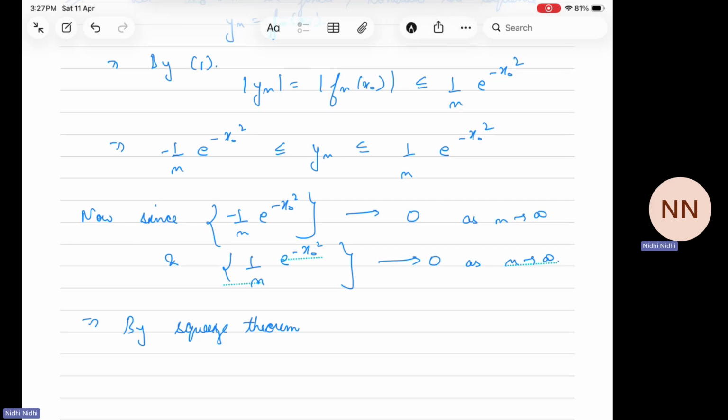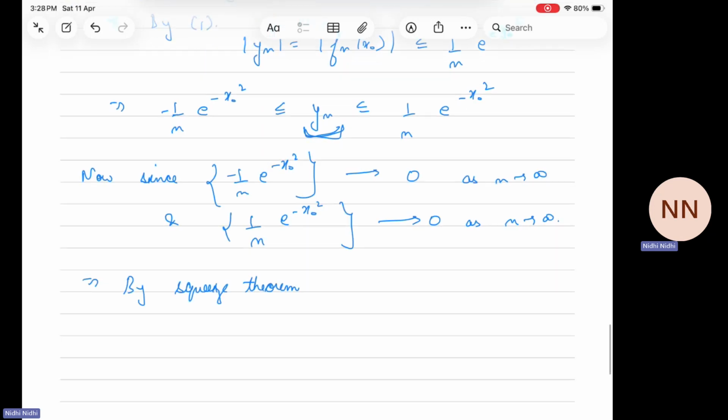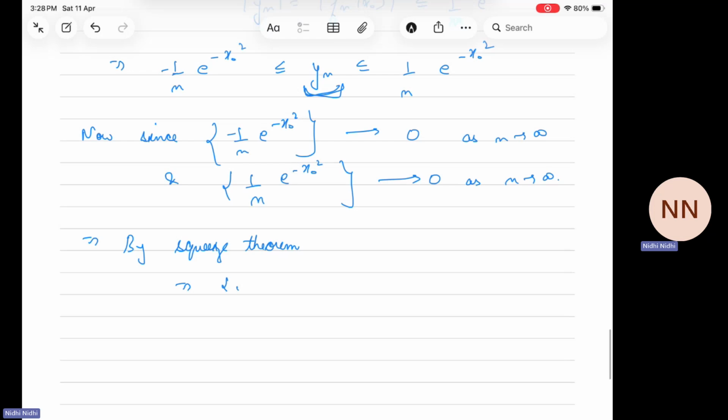Squeeze theorem: the sequence which is in between two sequences which are converging to the same limit converges to the same limit. We get y_n converges to 0. That is, the sequence f_n(x_0) converges to 0.